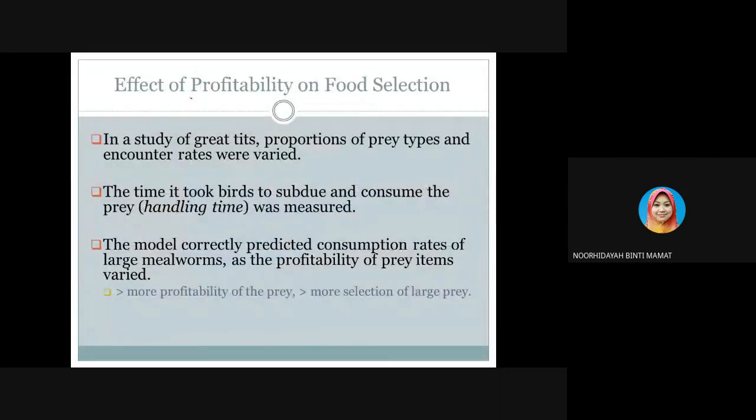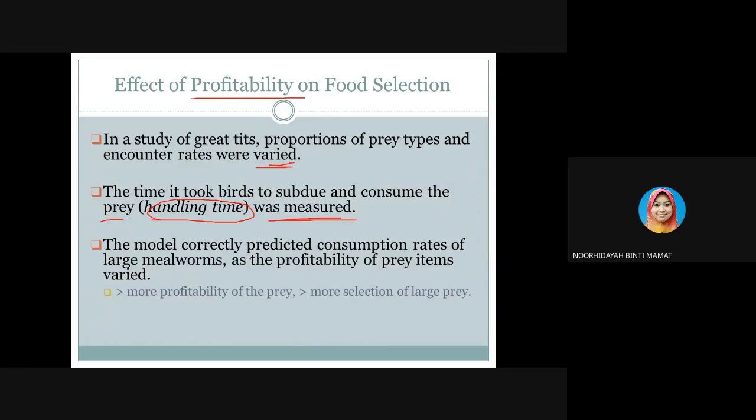Now this is the effect of profitability on food selection. In the study of great tits, just now they used the bluegill sunfish, and now they use the great tits. The proportions of prey types and encounter rates were varied. The time it took birds to subdue and consume the prey, which we call the handling time, was measured.